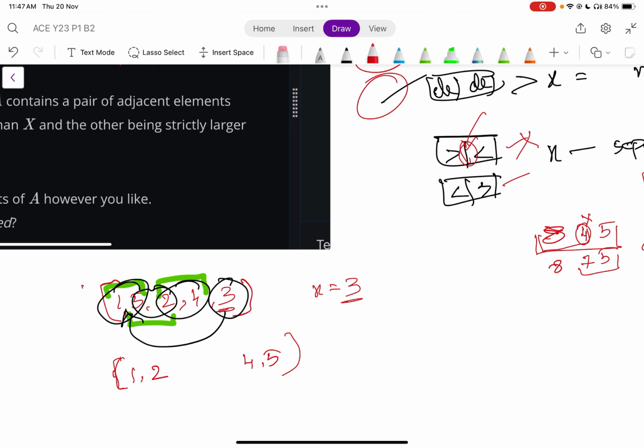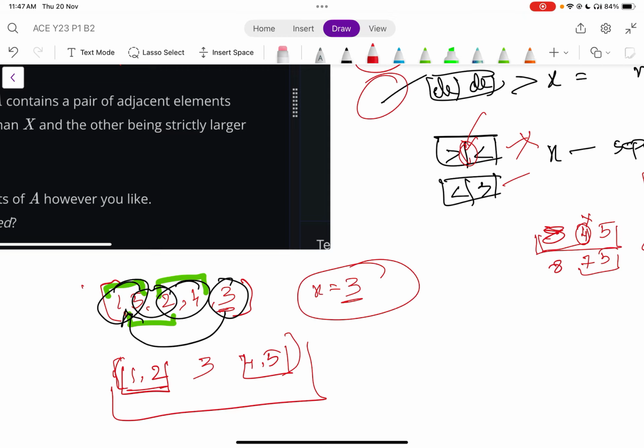So if I try to arrange these elements in such a way, am I able to get a situation where my x will be considered separated? No. And if I keep that element here, if you look at this entire array, is there any situation where your x will be considered separated? No, right? So I think you got the logic. If you have that x in your array, are you able to rearrange the array in such a way where you can make that x a not separated number? Yes, of course.